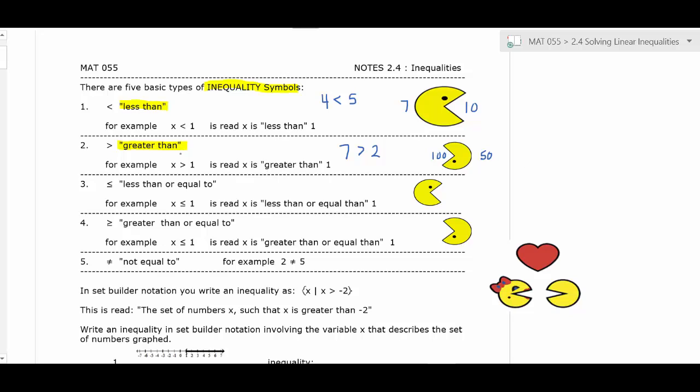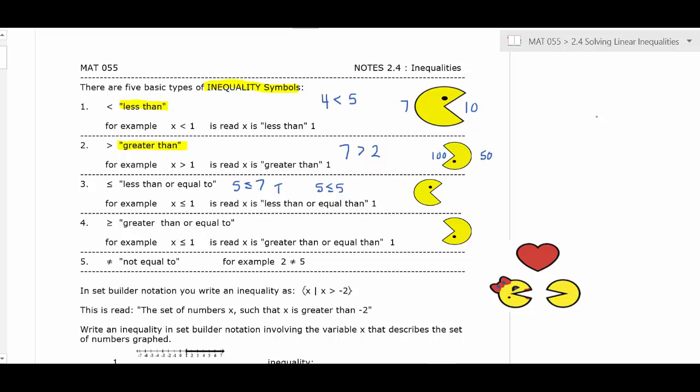And then the next one we have is less than or equal to. You could have something like 5 is less than or equal to 7. That's a true statement because 5 is a smaller number than 7. But you could also have something like 5 is less than or equal to 5. In that case, that's true.